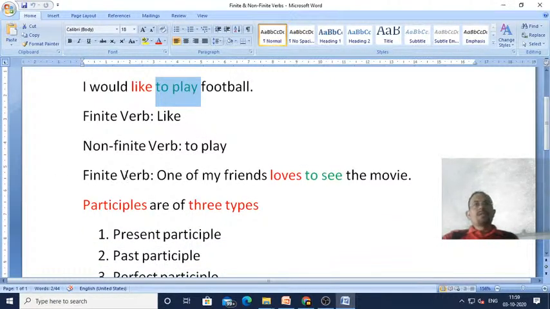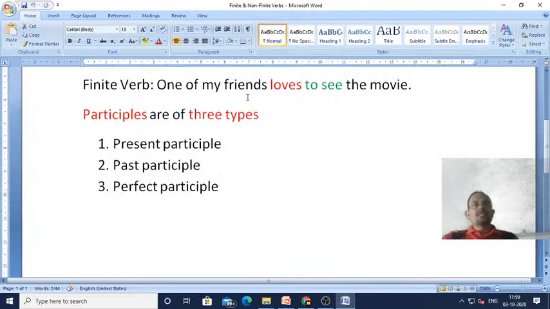Let me show you another example. "One of my friends loves to see the movie." In this example, you can see "loves" is called a finite verb because it is agreeing with the subject "one" here. The one is singular, therefore it's "loves" with an s.